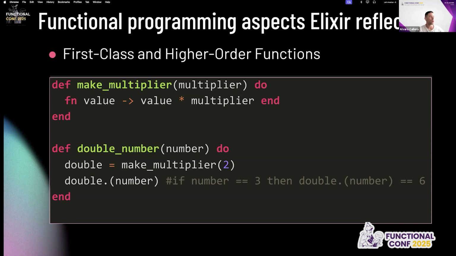This will be receiving a number as param, and then we are going to bind to the variable double a function called multiplier, but giving 2 as param. So in other words, what we are going to be holding in double is a function to multiply a number by 2. Then finally, if we return double.(number), for example, if number is 3, then double.(number) will be 6. Okay.